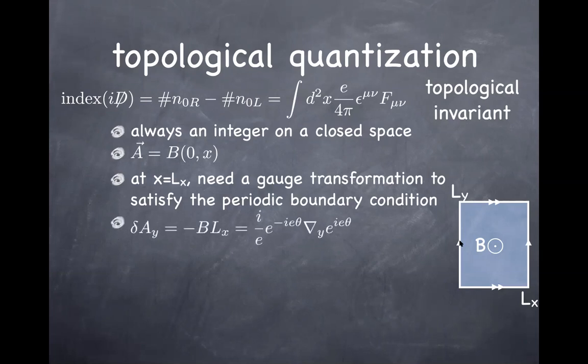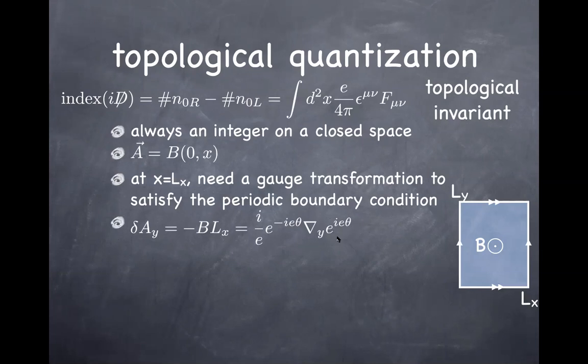On the right-hand side of this rectangle, the vector potential becomes B0 Lx. So I need to find a gauge transformation so that Ay changes by negative B Lx, so that the vector potential returns to the original form at the left-hand side of this rectangle. And indeed, I can find such a gauge transformation.